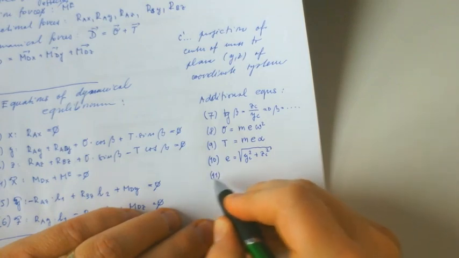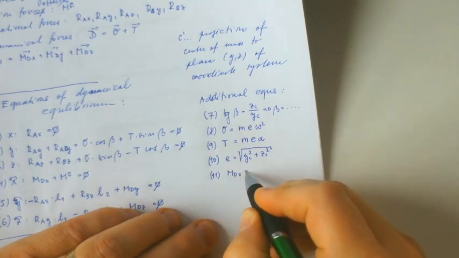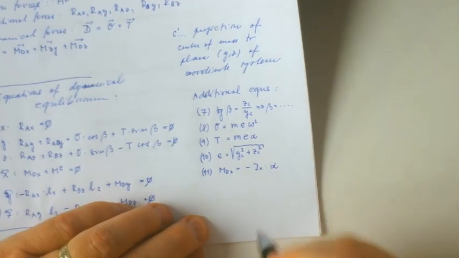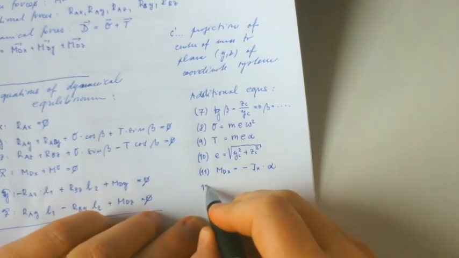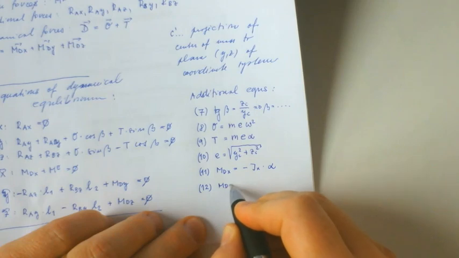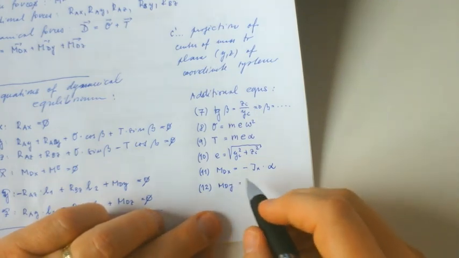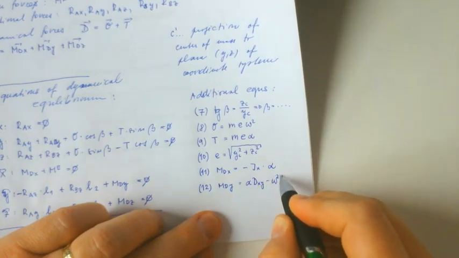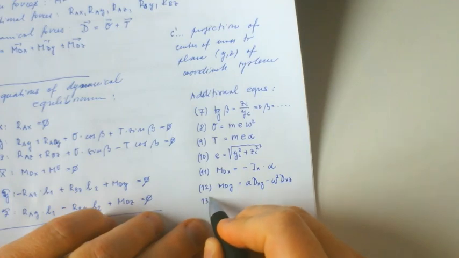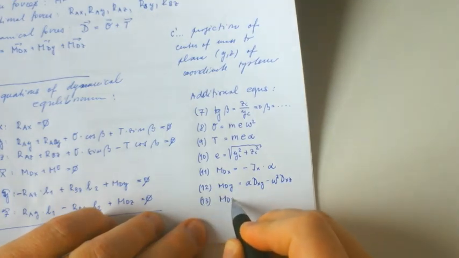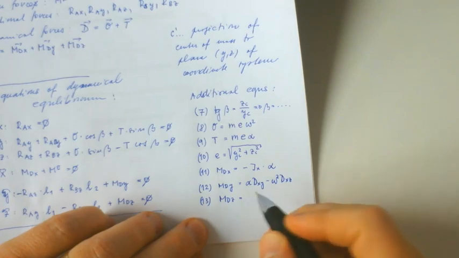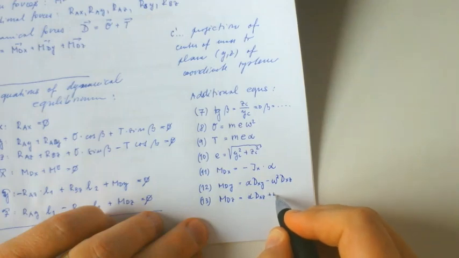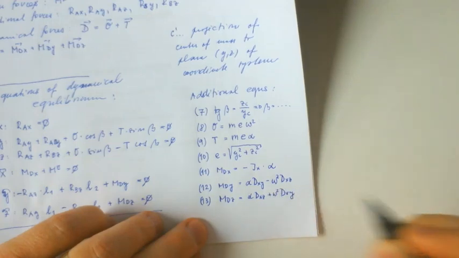11. mdx from the theory is minus Jx times angular acceleration alpha. 12. mdy from theory is alpha dxy minus omega square dxz. 13. From theory mdz is alpha dxz plus omega square dxy.